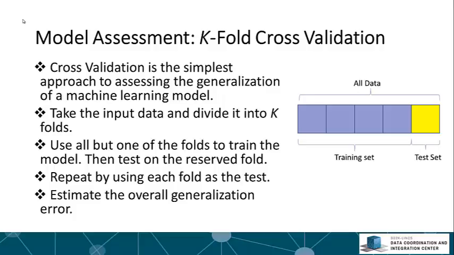Then we bring back in the reserved data set and use it to estimate the error. This way we get an estimate of the error in our model based on data that has not been used to train the model. So we get an estimate of how generalizable the model is. And we can repeat the process using each successive fold as the test fold, and we can average the results.